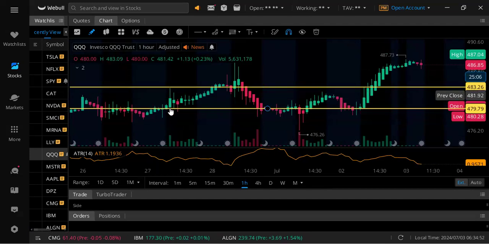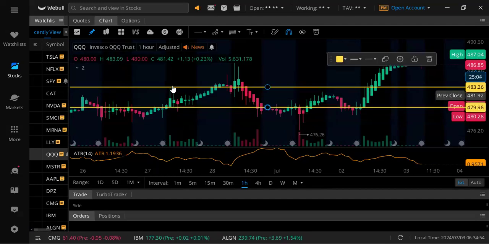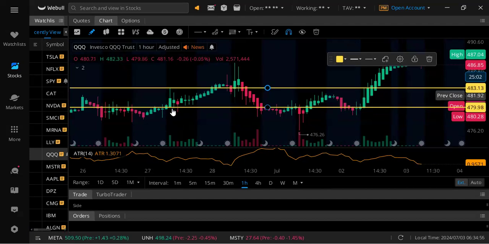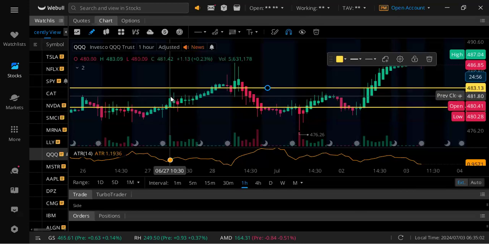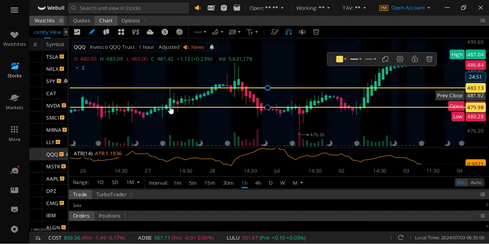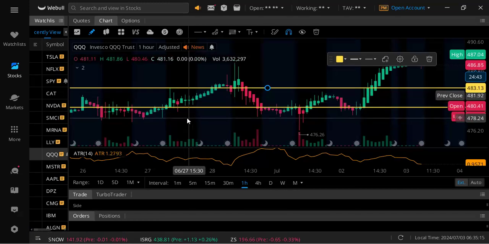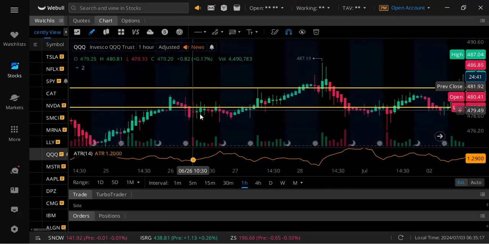Okay, this was a strong bullish candle, but look at the rest of the hour. It broke below it, and it was indecision the rest of the day, despite us having a strong bullish candle. The next hour, it didn't go to the high, slightly broke the low, then broke the low, and after that it was just indecision.